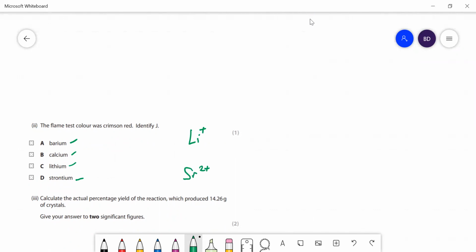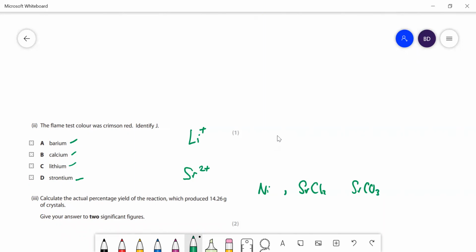Now, we're saying in this bit here that it is not nickel carbonate. It's not nickel, the metal. It is actually strontium. So strontium chloride is the product, and strontium carbonate was the initial stuff you started off with.